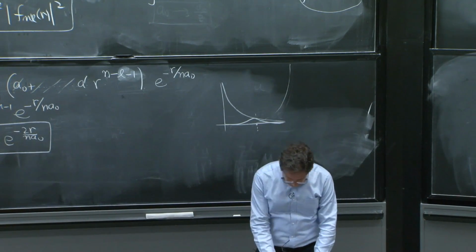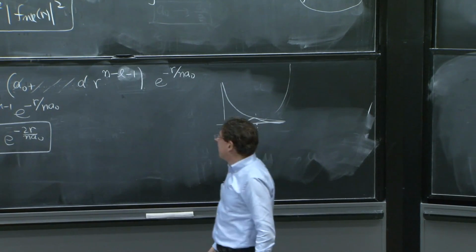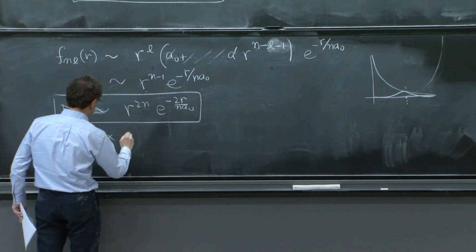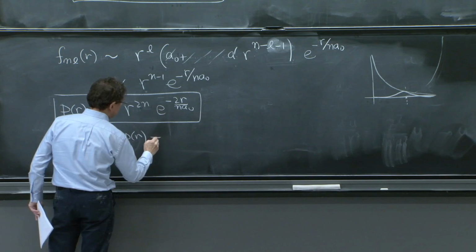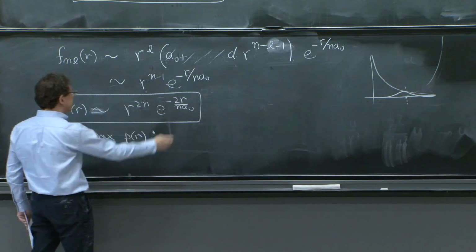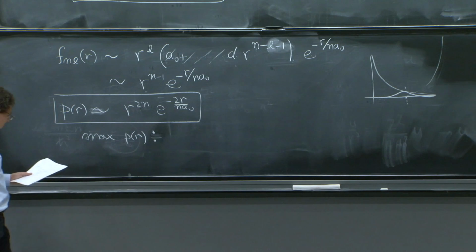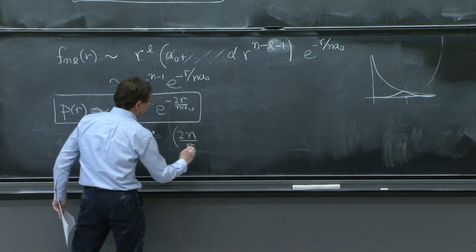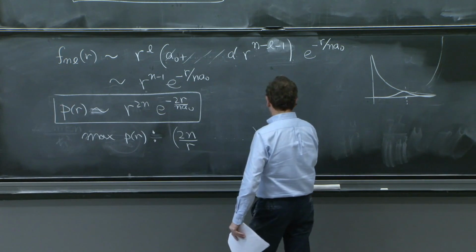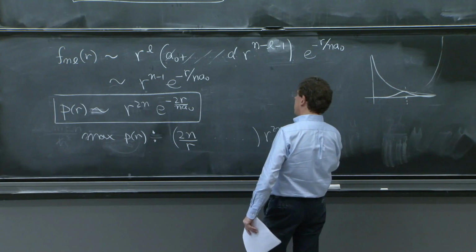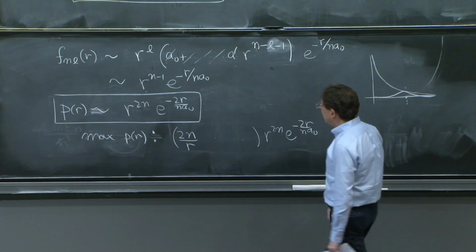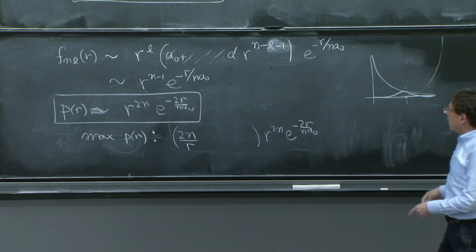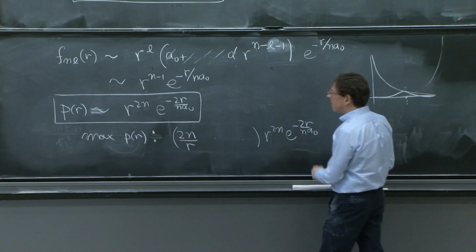So the maximum comes from taking a derivative. The maximum of P of r is determined by setting the derivative of this equal to 0. So you get 2n over r times the same r to the 2n e to the minus 2r over n a naught. The first term, the derivative of r to the 2n, gives 2n and r to the 2n minus 1, which is divided by r and the same thing.